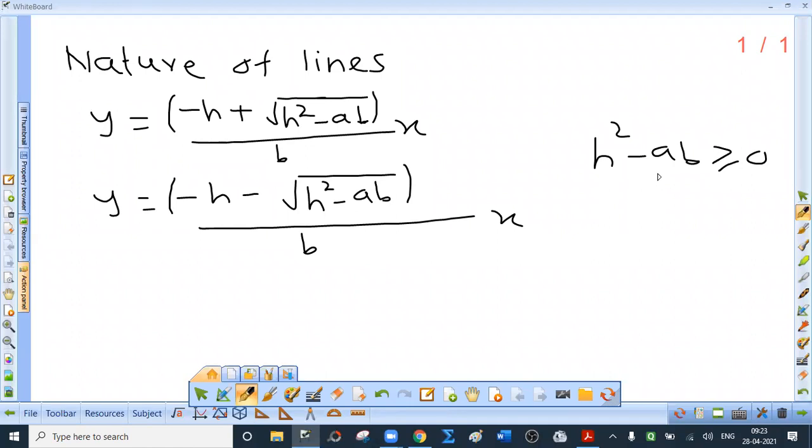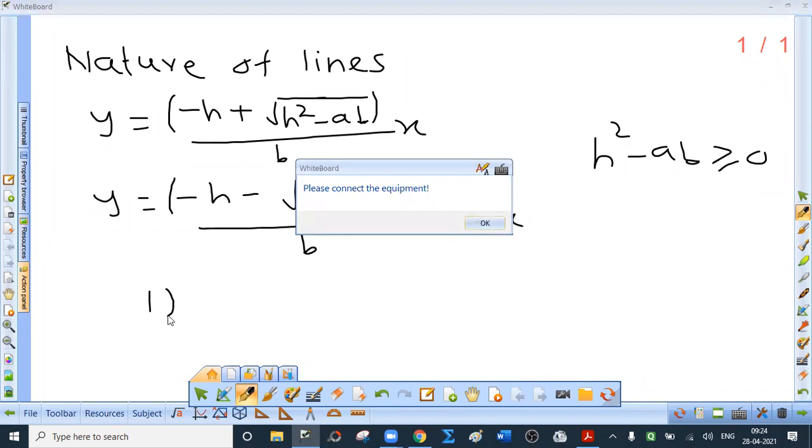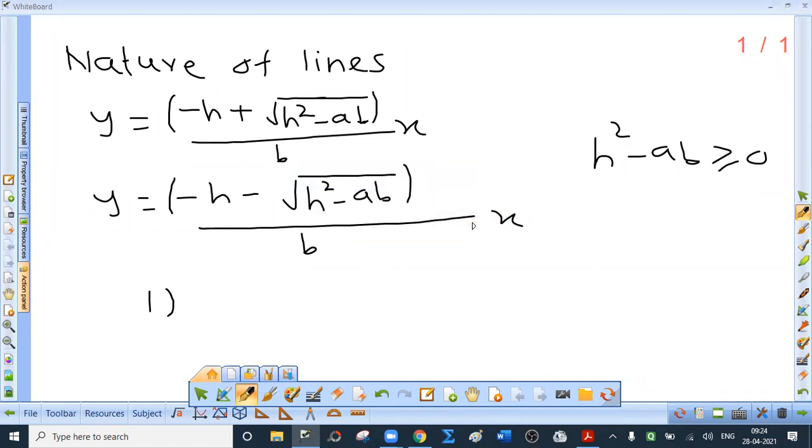Now the nature of the lines clearly depends on the value of h square minus ab. We know that it is discriminant. Now there are three cases. See, we have done this in the topic quadratic equation. There are three cases. The lines will be real if and only if h square minus ab is greater than or equal to 0.